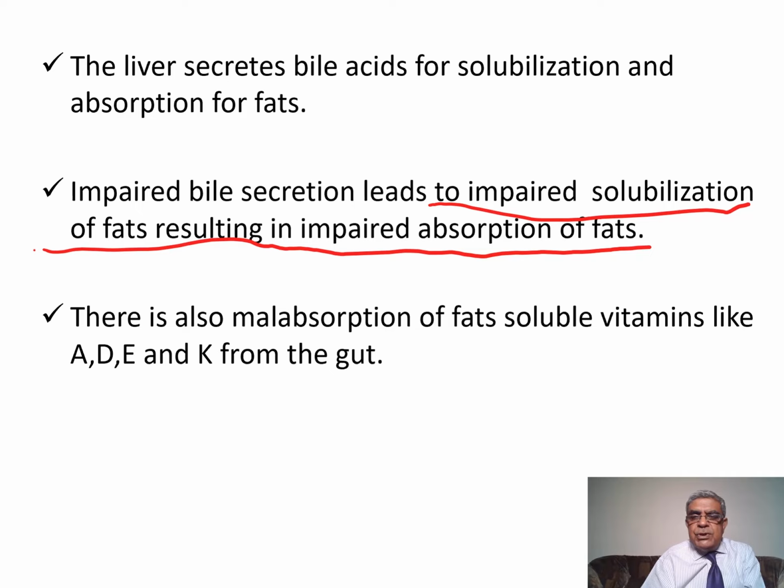So absorption of fat from the intestine is impaired. With the result, there is also malabsorption of fat soluble vitamins like vitamin A, D, E, and K from the gut.